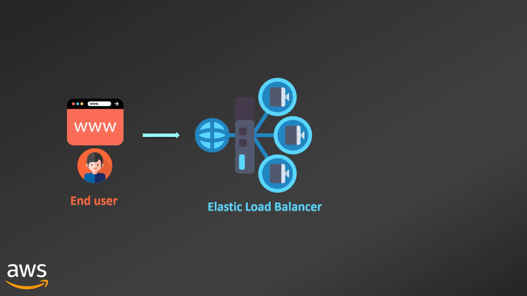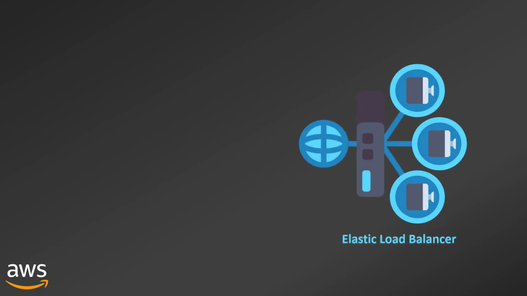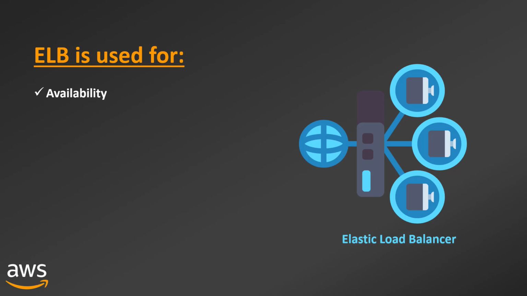The entity that is responsible for handling and distributing the load across multiple instances is known as a load balancer or an elastic load balancer. So, in a nutshell, the elastic load balancer is used to increase the availability of your application, for automatic scaling as per your requirements, and to improve the security of the entire server architecture.